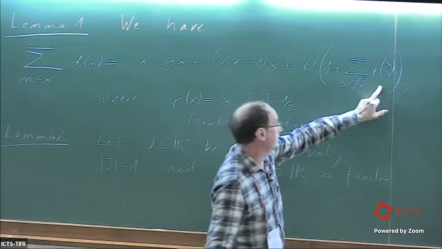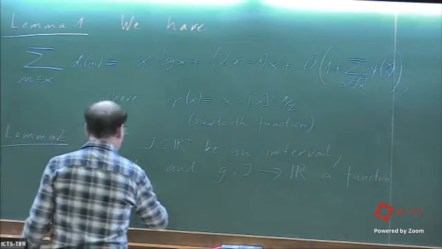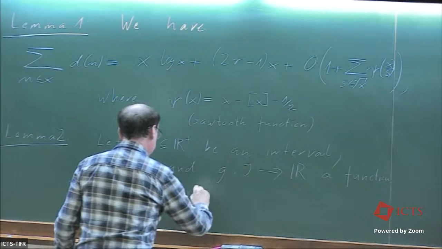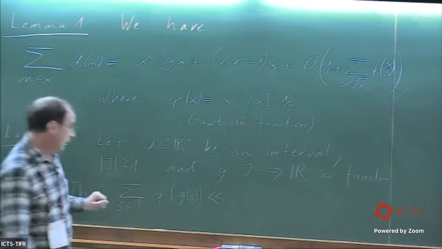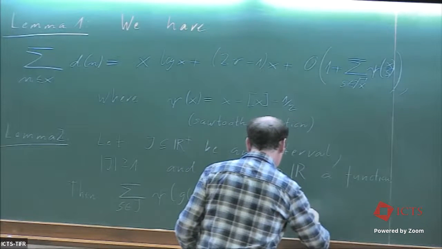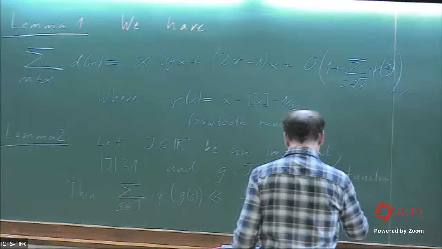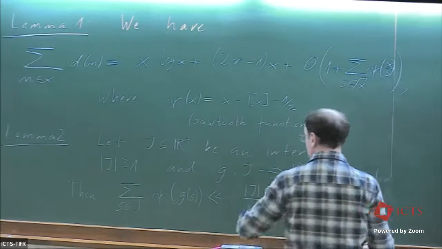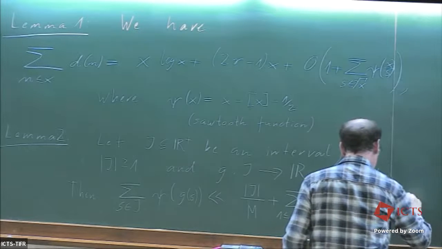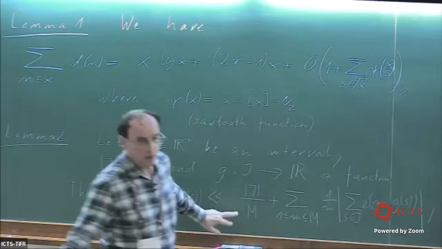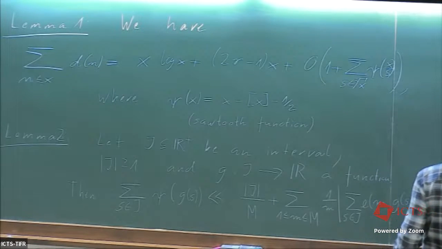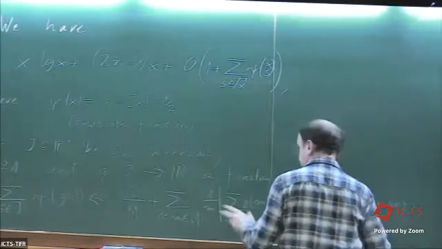Then we can bound the sum over s in I of psi of g(s) by the interval length divided by m plus 1, plus the sum over m from 1 to capital M of 1 divided by m times the modulus of the sum over s of e(m g(s)), where m is any natural number of our choice, which will be optimized in the application.